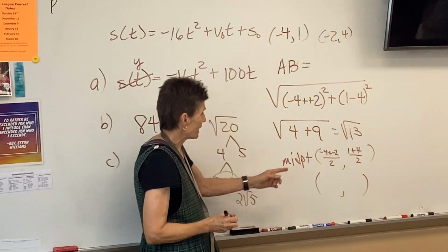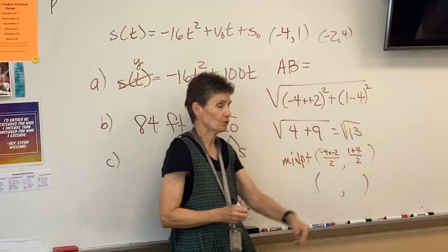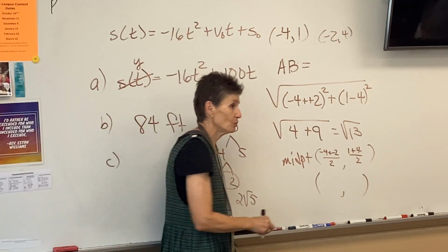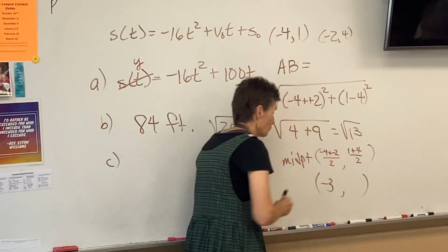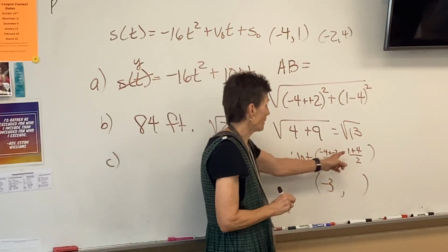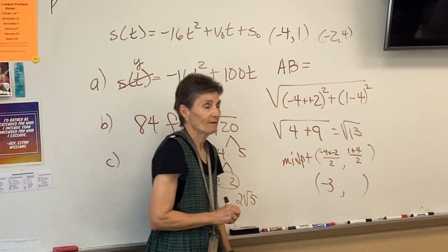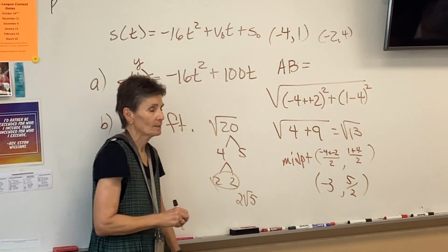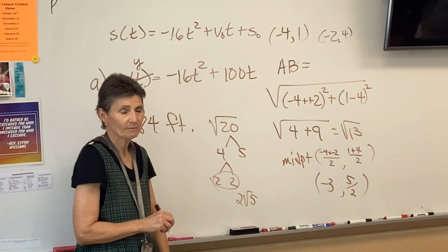So what is -4 plus -2? -6. Divided by 2 is -3. What is 1 plus 4? Divided by 2 is, you can write 2.5, I'm just gonna write 5 halves, but you can say 2.5.